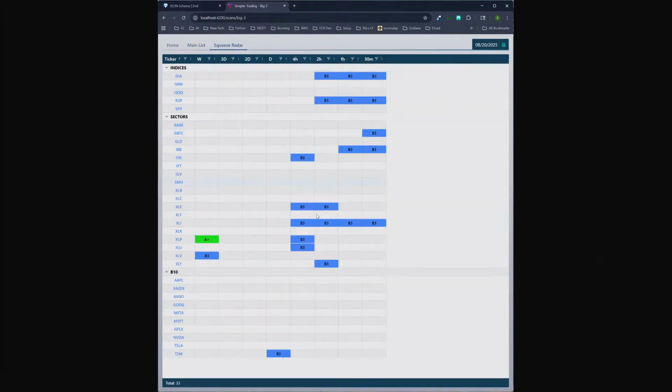But let's go back to the squeeze radar. The same squeeze radar that was on the spreadsheet is still replicated here, and you still have the same ability to sort and filter and rearrange columns if you want to, right? What we want to do here though is take the squeeze concept and apply it to the main list.